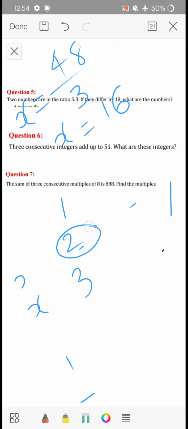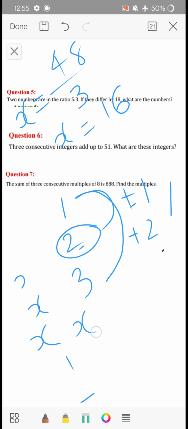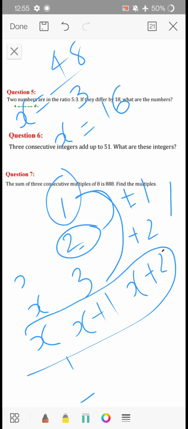To get this number, I will add 1 in the 1, and to get 3, I will add 2 in the 1. That's why I have added 1 and 2 in x. Here I know the number is 1, but here I don't know which integers they are, so I supposed the first integer as x. Then the next number is x plus 1, and the one after that is x plus 2, and their addition is 51.